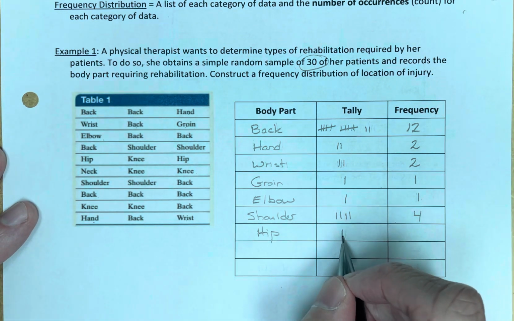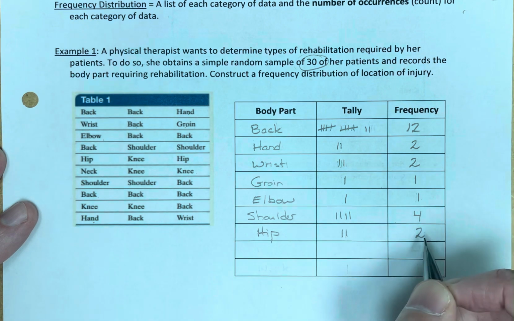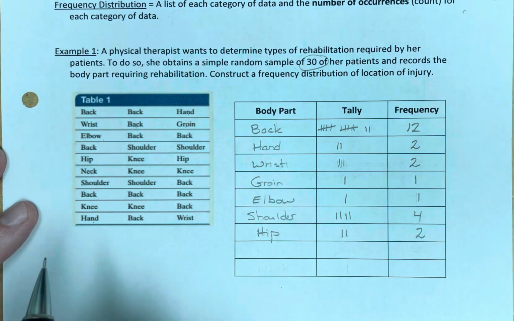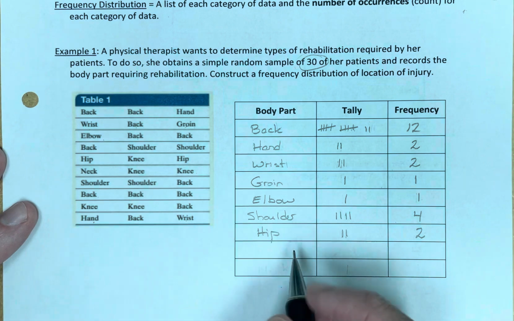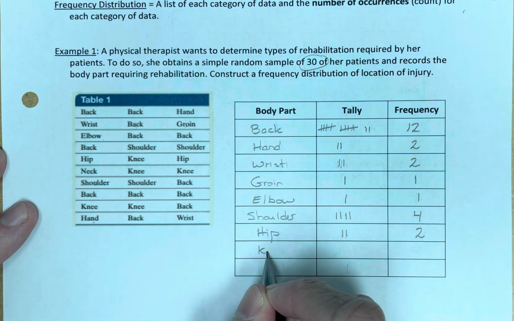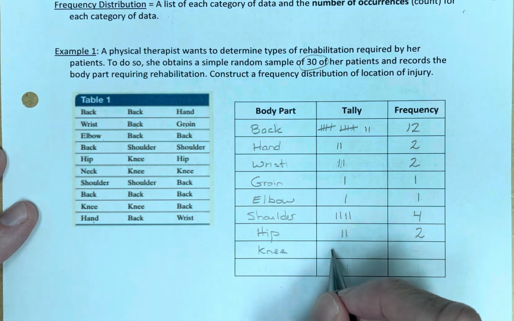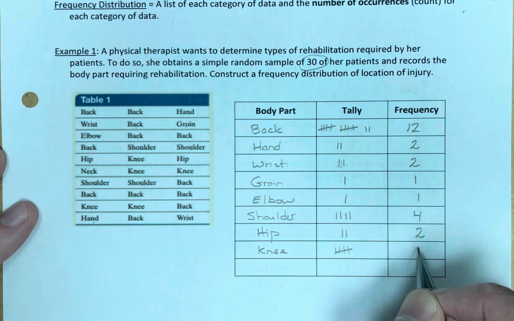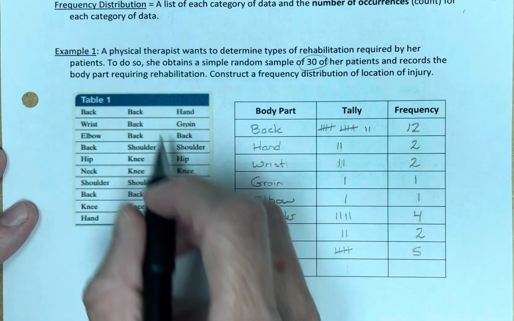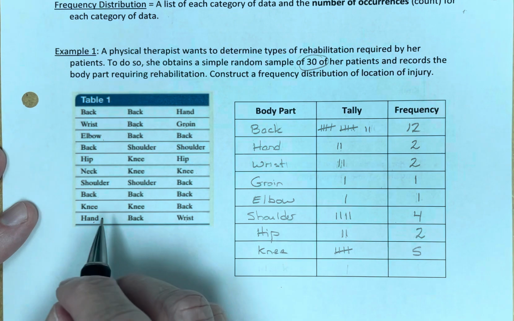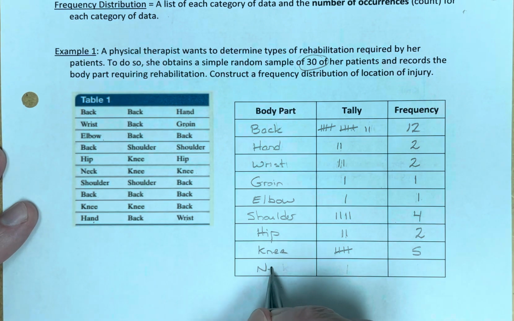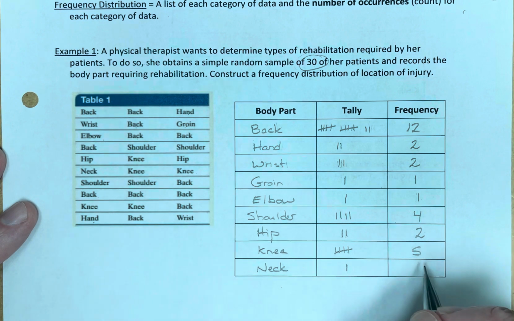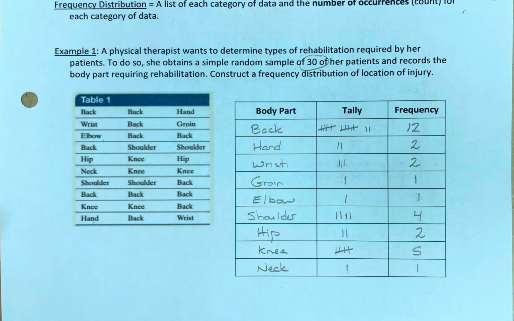And the hip in this list occurred twice in her sample of 30 random patients. And then we have the knee, and the knee occurs 5 times. So we tally them up, and we write down 5 for the frequency. And then finally the neck, and the neck only occurs in 1 of her patients. And so there is our frequency distribution, our frequency table.